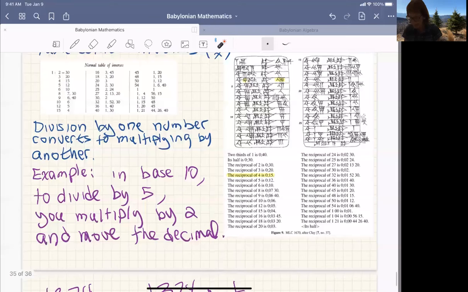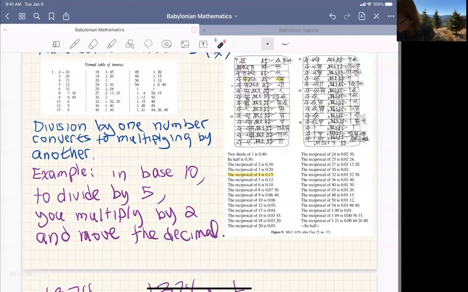And so that's highlighted here. The reciprocal of 4 is semicolon 15. So it's not 15 as a whole number, but it's the fraction 15 over 60. And so that's why we say the reciprocal of 4 is 15.